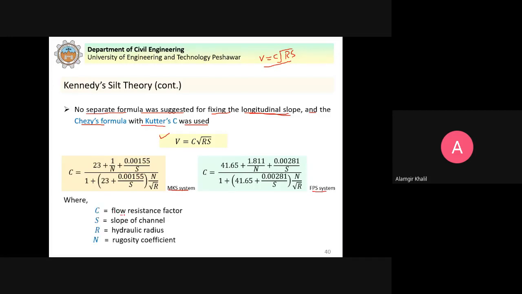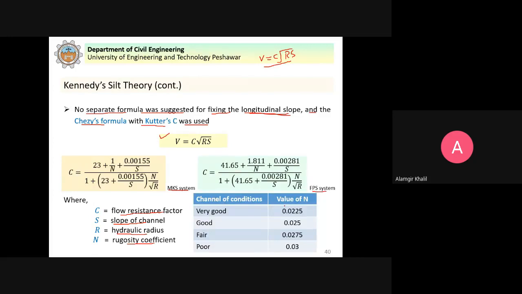where C is the flow resistance factor, S is the longitudinal slope of the channel, R is the hydraulic radius or hydraulic mean depth, and N is known as the rugosity coefficient. This is the roughness coefficient. So this is in irrigation books known as the rugosity coefficient.